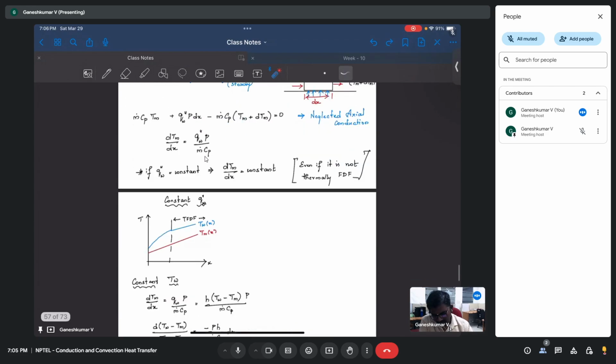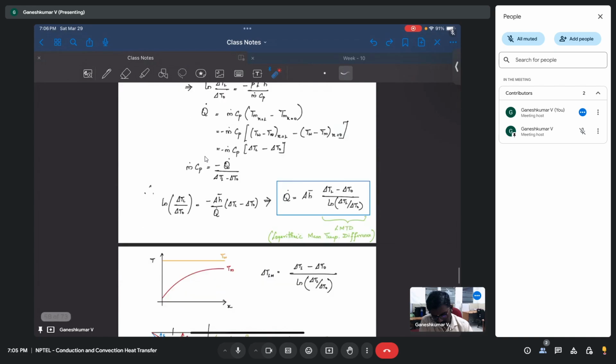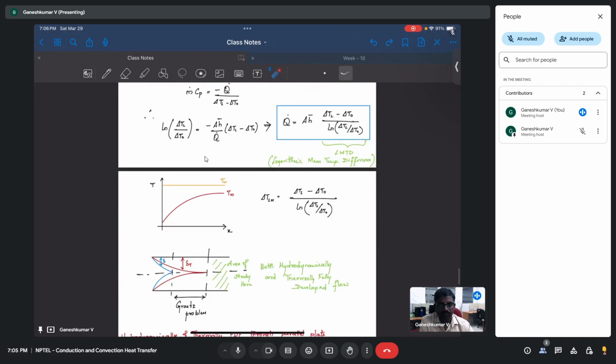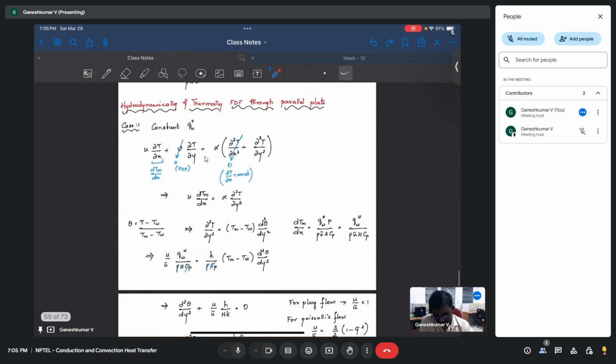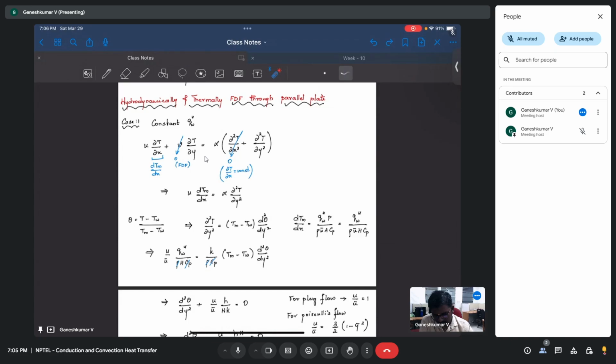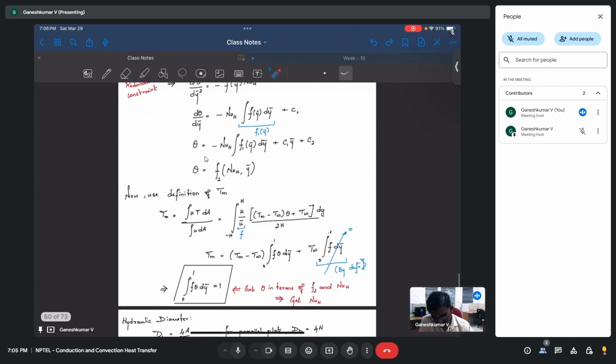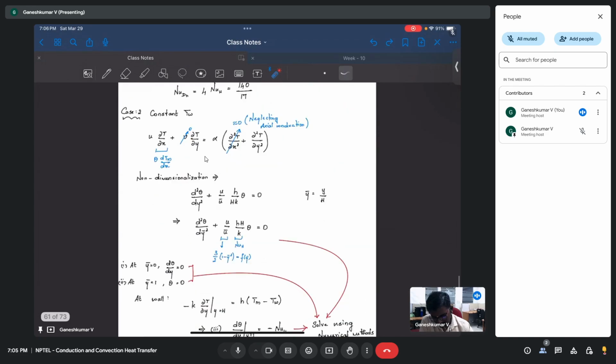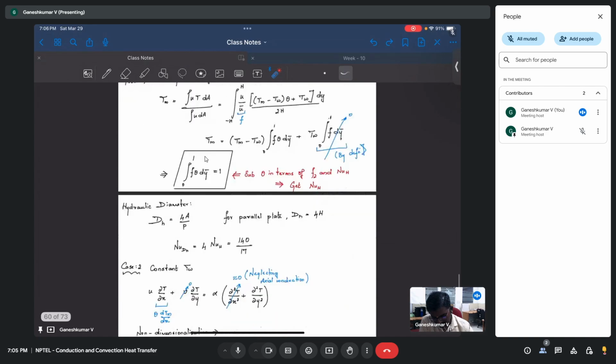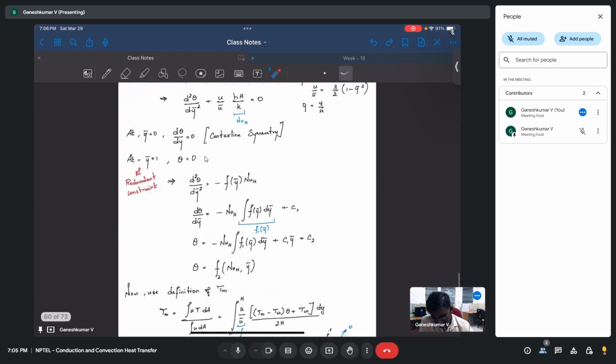And then based on overall energy balance, we were able to deduce the formula for forced convection heat transfer, right? So we did it for a parallel plate, and we were able to develop the relations for Nusselt number using the integral method.